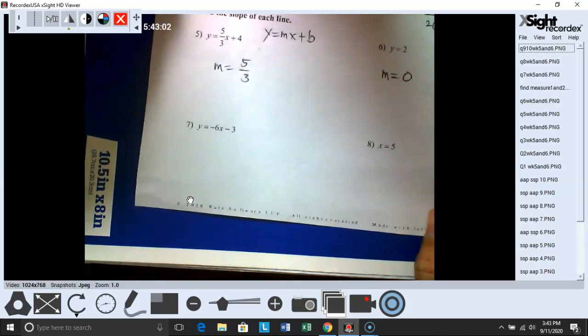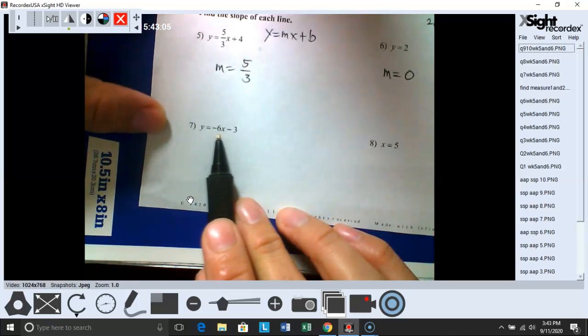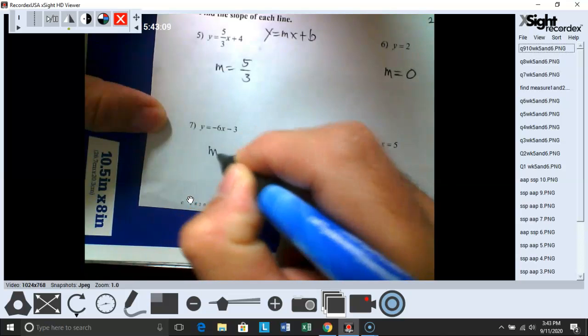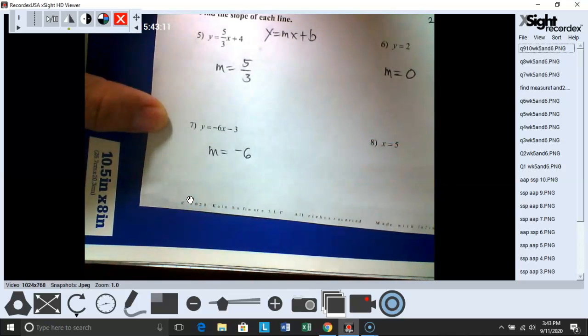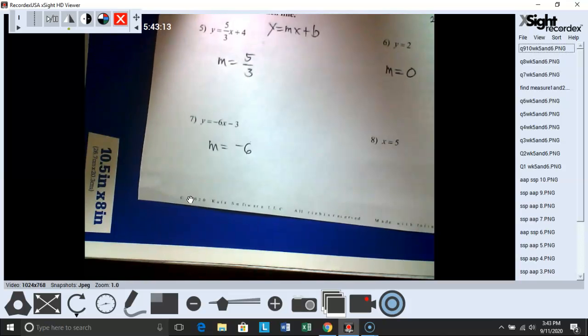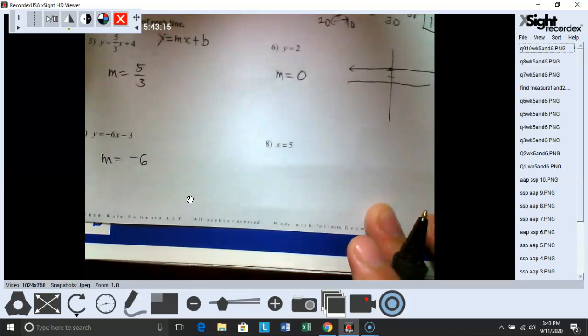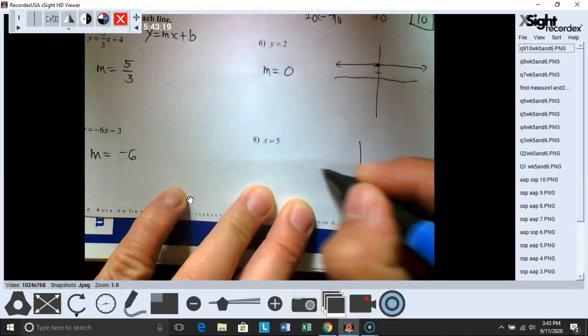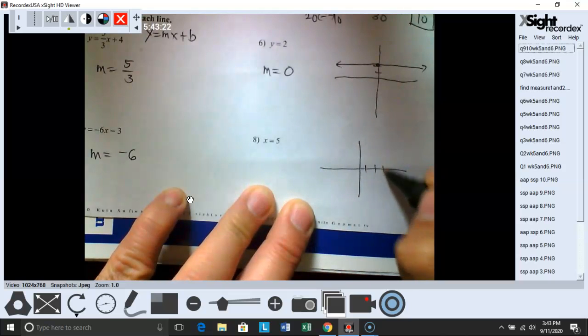Next, number 7. It's already in standard form. Y is equal to mx plus b. Your slope here is -6. Alright. Number 8. If you graph this, your line will look like this.